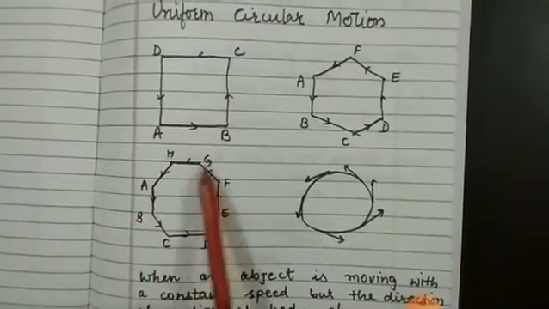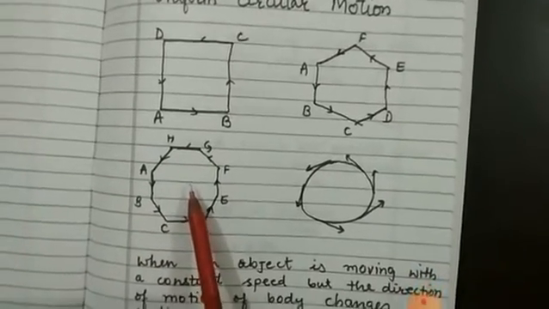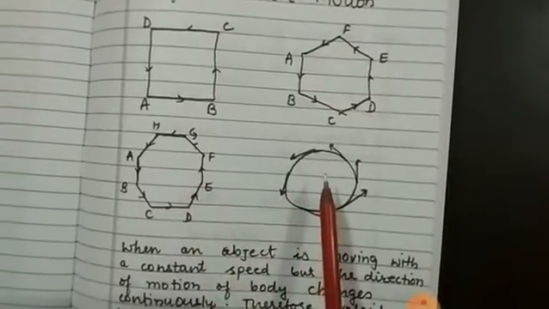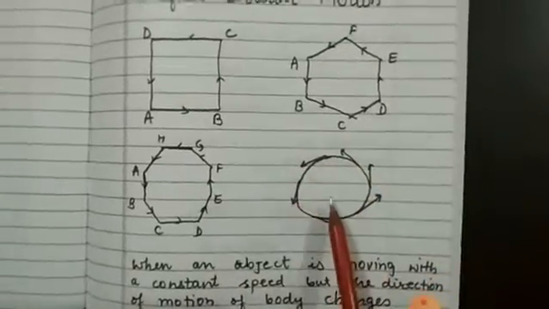Suppose we go on like this and increase the sides by a large number. We observe that as the sides increase, the track is converted to a circular path.